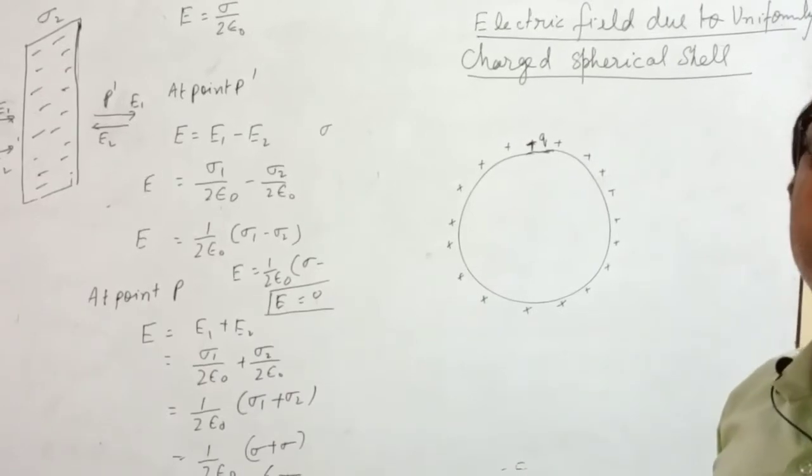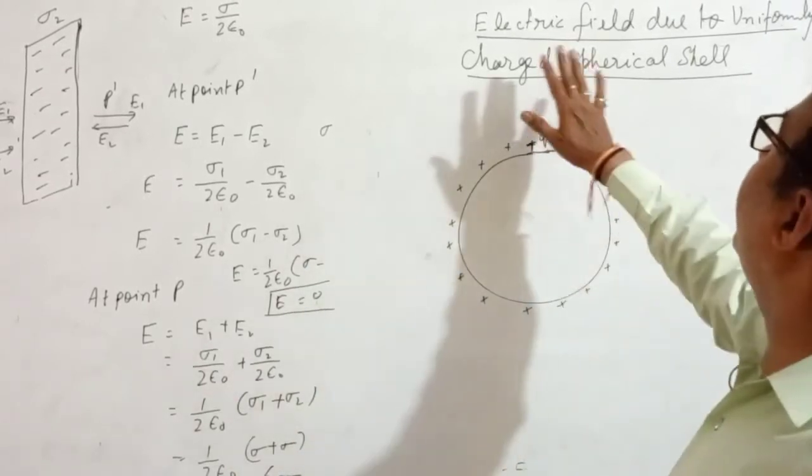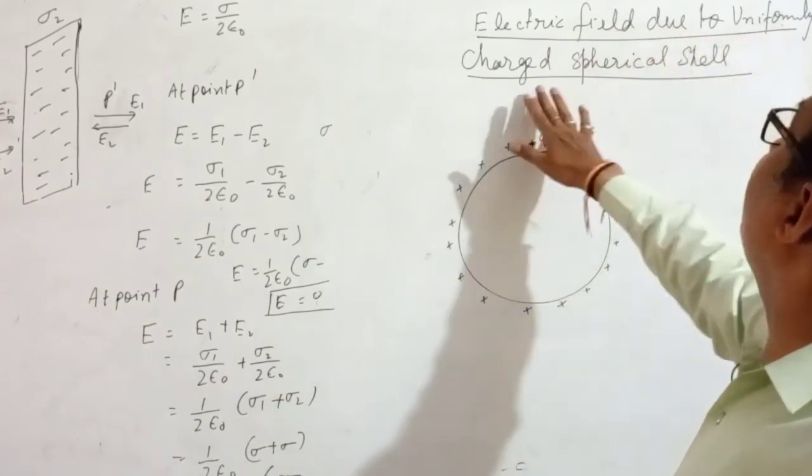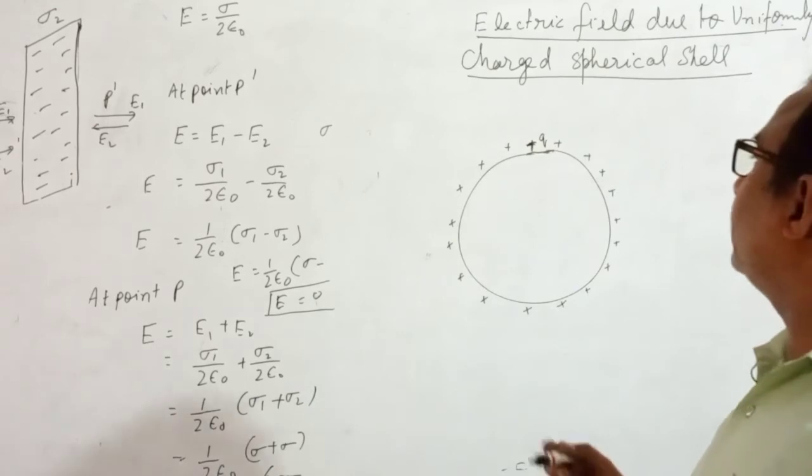Again I am repeating, you want to find out electric field due to a uniformly charged spherical cell. What did you do for that?